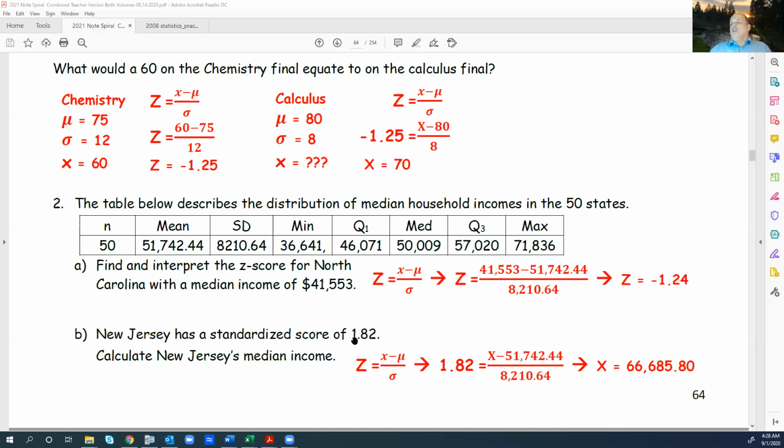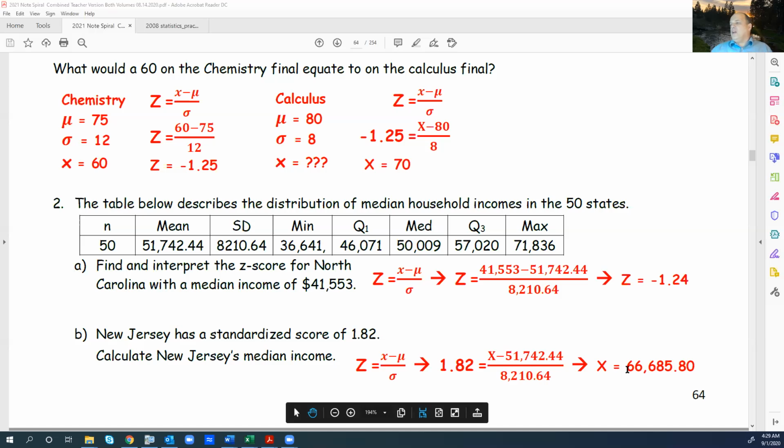Then we go to New Jersey and we say, hey, we have a positive z-score, so we would expect them to make more on average than the average of the states, which is 51,000. And they ask us to calculate that out. So we have our mean, or the average of the other 50 states, the standard deviation of the 50 states, our z-score, and we solve. So 1.82 times 8,210, add the 51,000 to it.